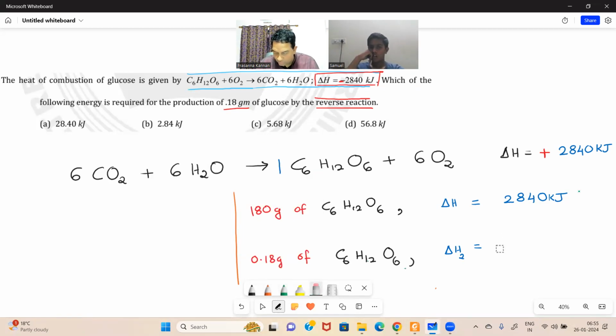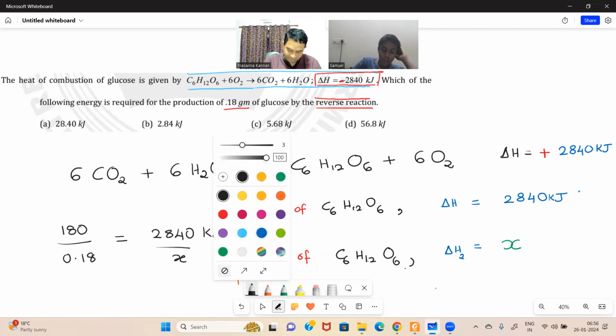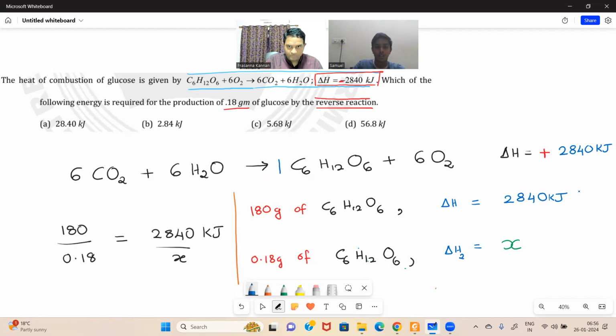Take whatever quantity you don't know as X. Proportionality, correct? 180 divided by 0.18 is equal to 2840 kilojoules divided by X. We don't know X. We need to find X. Thousand times.